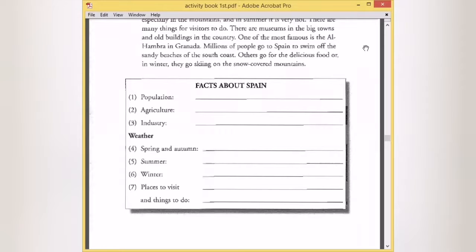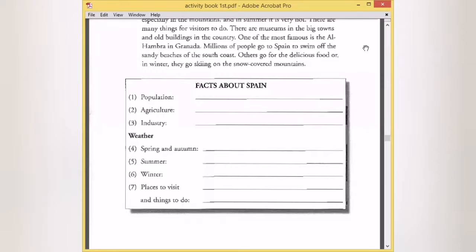Yes. Number 2, agriculture. We said that agriculture means zira'a. So agriculture. What do they grow in Spain? The answer is rice. Yes. Fruit and vegetables.